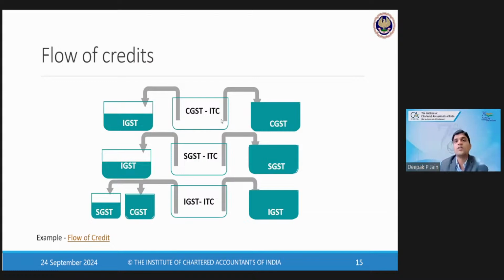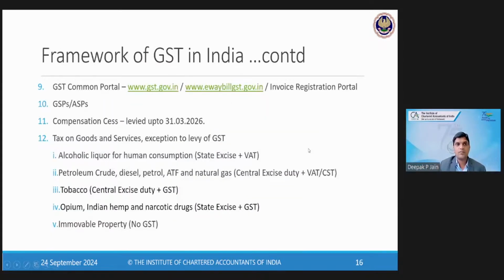Okay, so that's how the flow of credit works. Now, what are the other frameworks of GST in India? All the states will have one common portal. All the states across India will use one common portal to do their compliance, to apply for registration, to file returns, to file a refund application, to file any appeal.